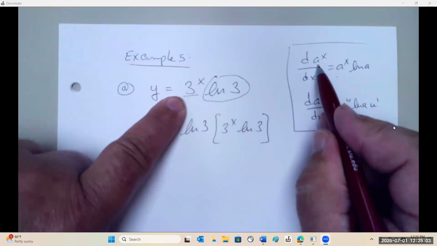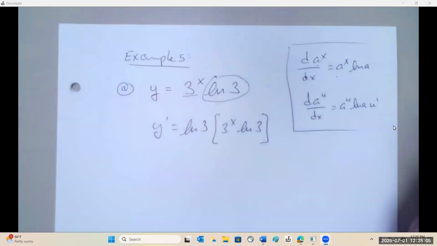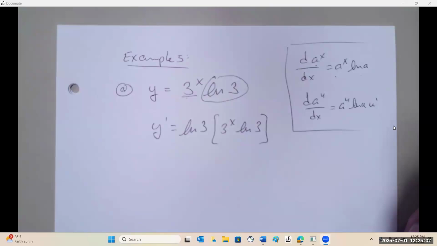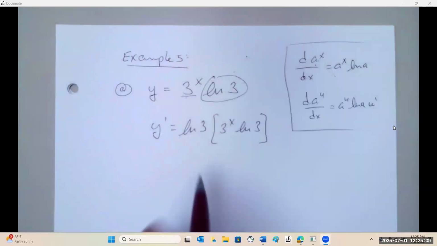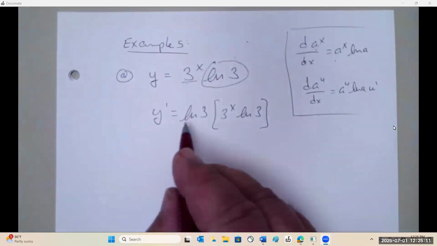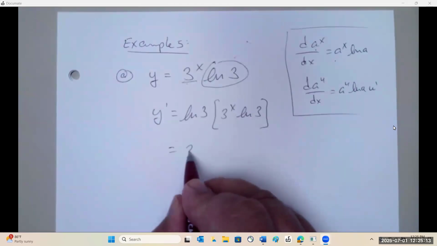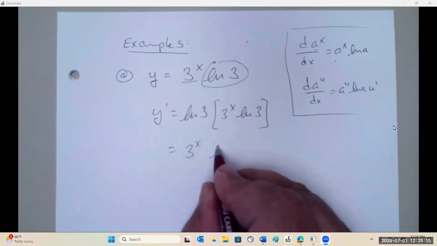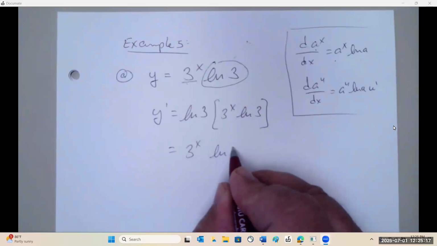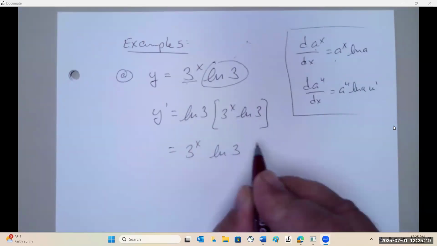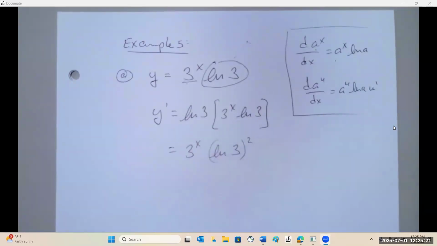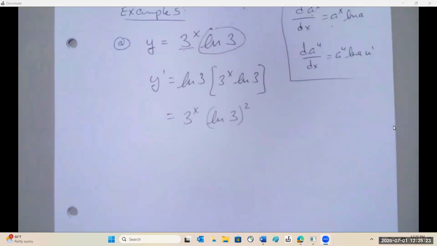I shouldn't have put that in there originally, but oh well, since I did. So it becomes 3 to the power x ln 3 squared. Ln 3 times ln 3 is ln 3 squared.